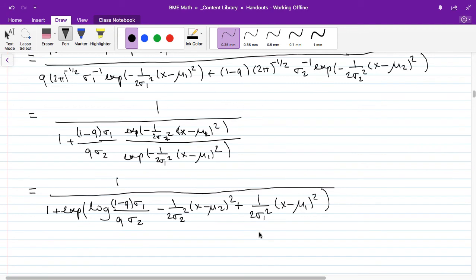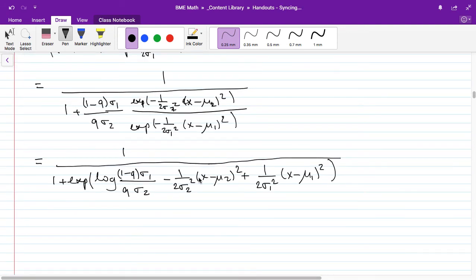Okay, so you see now we have a quadratic function of x. These x terms are not going to go away. They're not going to cancel each other. And what this is equal to is 1 over 1 plus an exponential of some w0 plus w1 x plus w2 x squared.